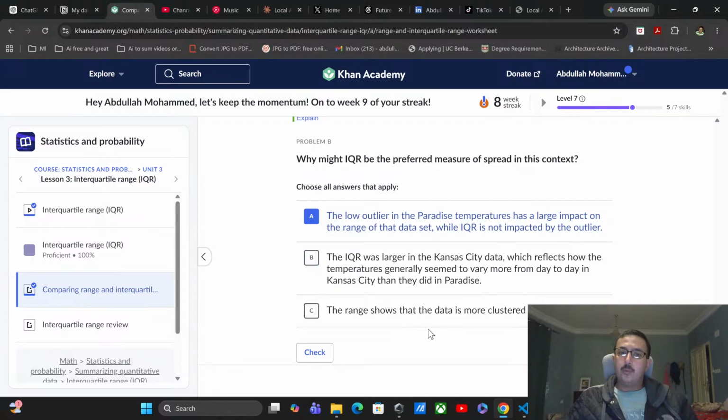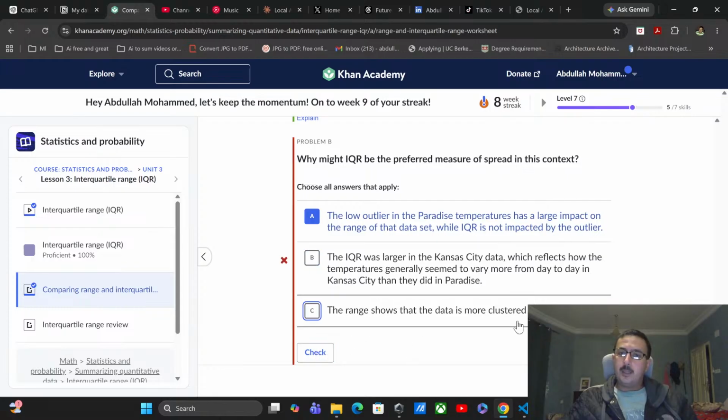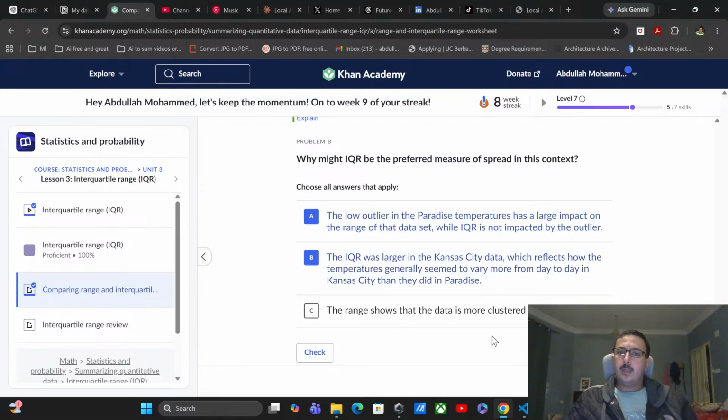I'll go with this one. Yeah, no? The data is more clustered in Paradise. The IQR was larger in the Kansas City data, which reflects how the temperatures generally seem to vary more from day to day. Choose all answers that apply.